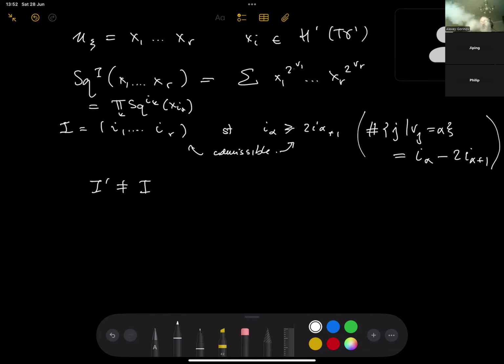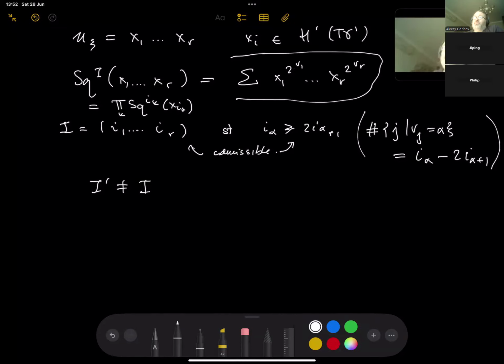Yes, it's not a map, it just counts. It's the exponent in this formula.